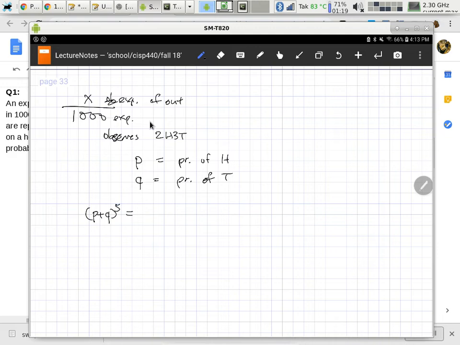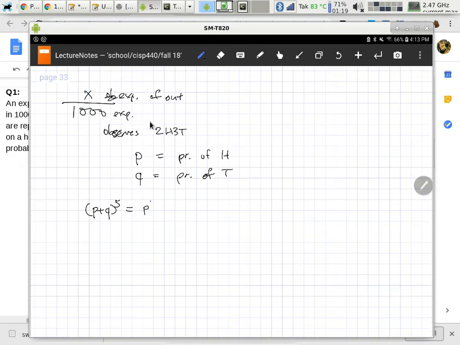And you go, well, that's kind of silly, because 1 to the power of 5 is 1. But that's not what we are really looking into. We're looking into how this expands: it's P to the power of 5, plus some number times P to the power of 4 times Q, plus some number times P to the power of 3 Q squared, plus some multiplier times P to the power of 2 and then Q to the power of 3.